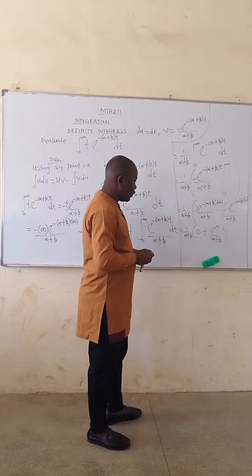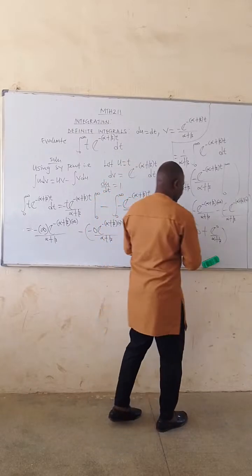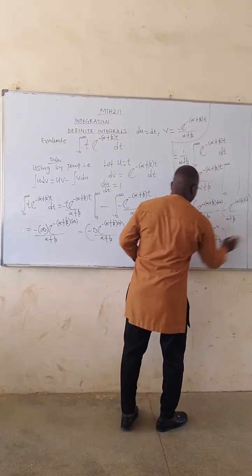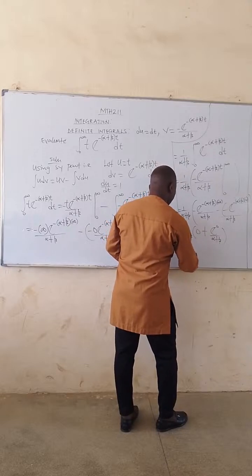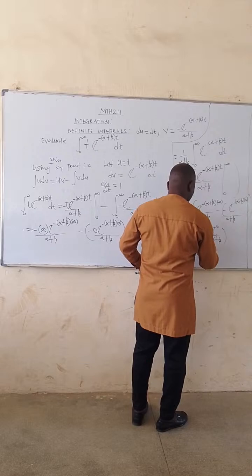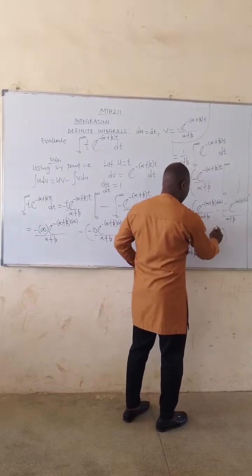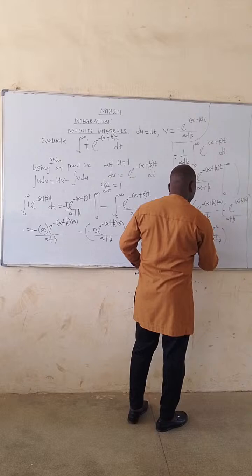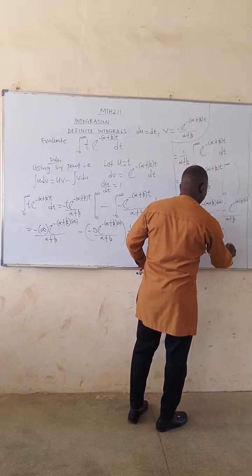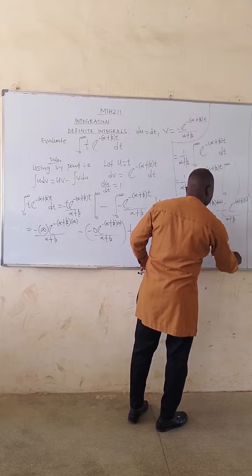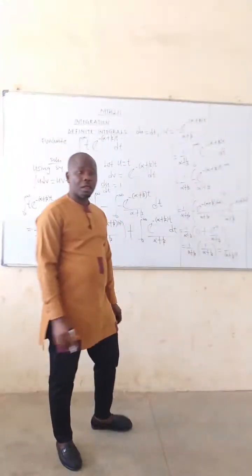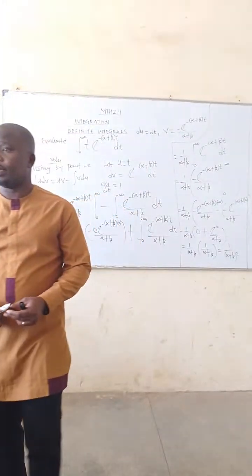So this is equal to 1 all over alpha plus beta, open bracket, here is 0, so here is 1 all over alpha plus beta. Then this is equal to 1 all over alpha plus beta, all squared.